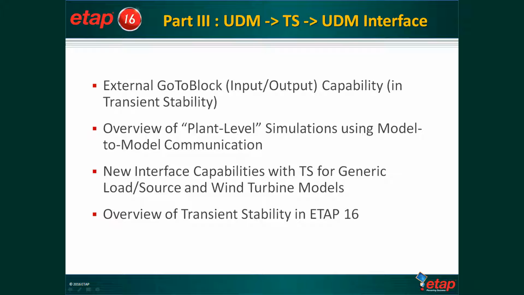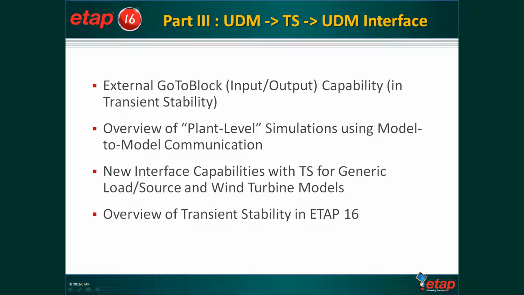The last section of our webinar today revolves around a couple of application examples which can now be executed because of some major enhancements to ETAP UDM. The first enhancement is the go-to block, which can create communication channels between UDM models in transient stability.